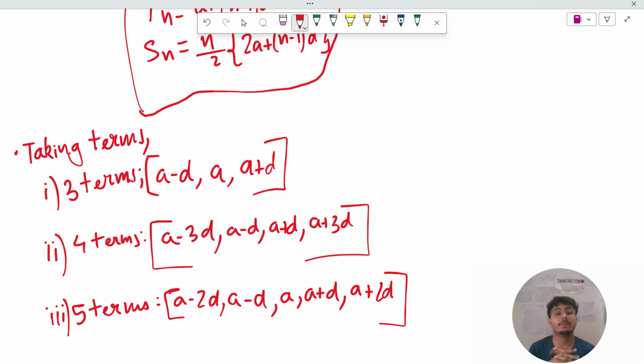Similarly for four terms: if I add all four terms, we are left with 4a. For example, 4a equals k, so a comes out to be k by 4, and k in most cases is a constant term. So instead of two unknowns, we reduce the equation to a single unknown and find its value.